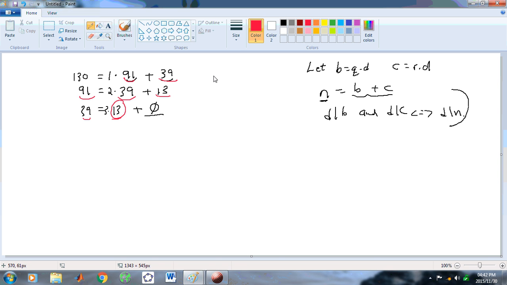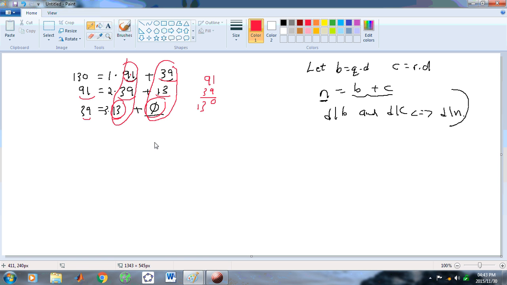I mean, you could just basically take 91 and add 13 to it, or 39, and you'll get 130, right? So it divides 91 and it divides 39, and so all the divisor column and all the remainder column will be divisors of 130. 13 will divide all of those except for 0. Okay, well, in a sense 13 also divides 0 because 0 divided by anything is 0.